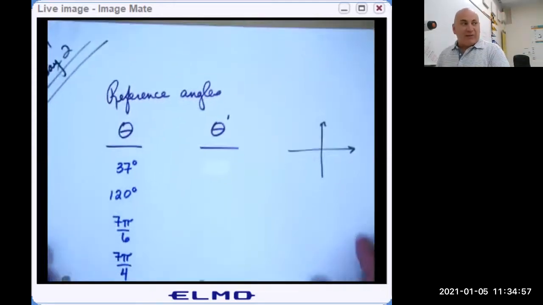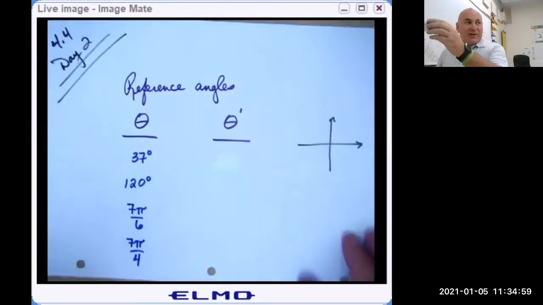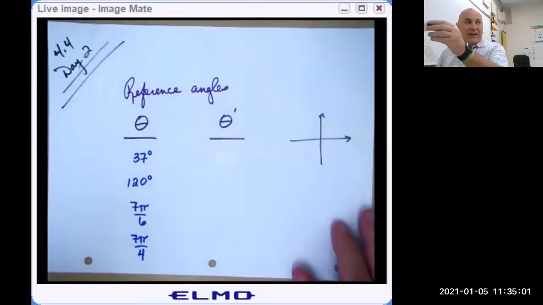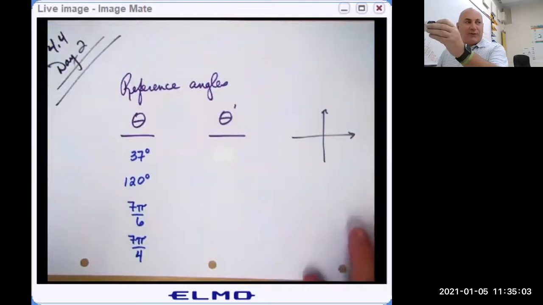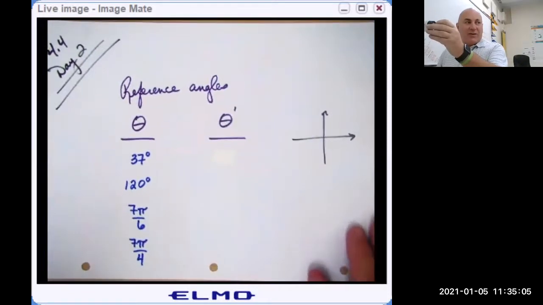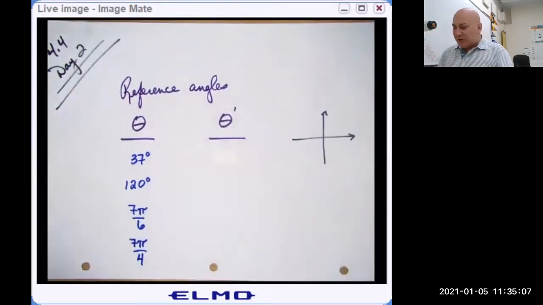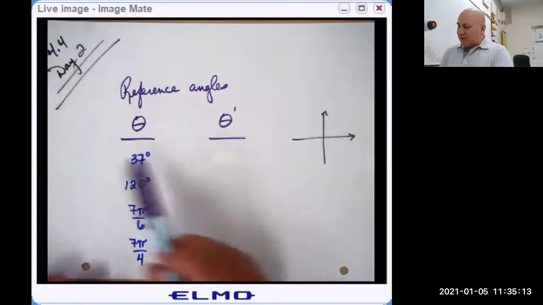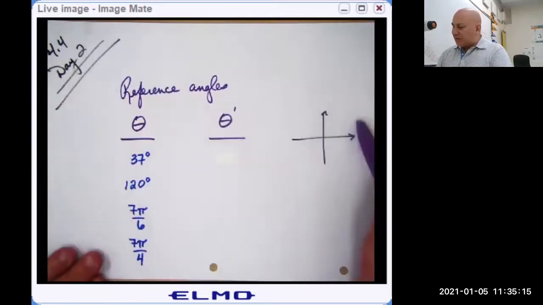Let's do some practice with reference angles. Remember that reference angles are the acute angle, or the first quadrant angle, that the terminal side of your angle makes with the x-axis. So if I look over here, 37 degrees, that's up here in the first quadrant. 37 degrees is its own reference angle.